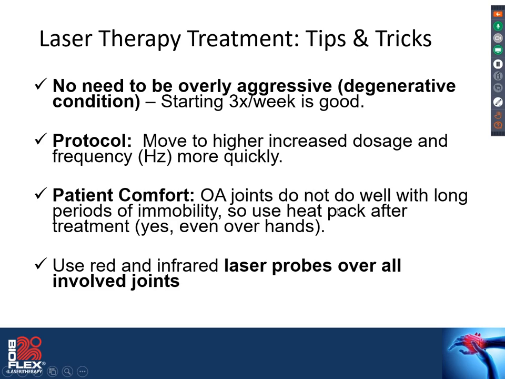OA joints do not do well with long periods of immobility, so make sure they're doing exercises. You can use a heat pack to increase circulation. And I would also recommend, if you don't have a red probe, thinking about adding that to your repertoire, because red is really effective for small joints. You'll find a big difference if you include a red laser probe and infrared with respect to pain and inflammation.